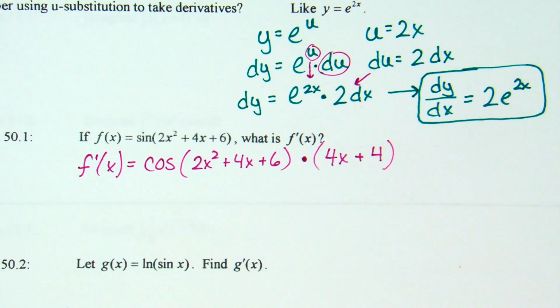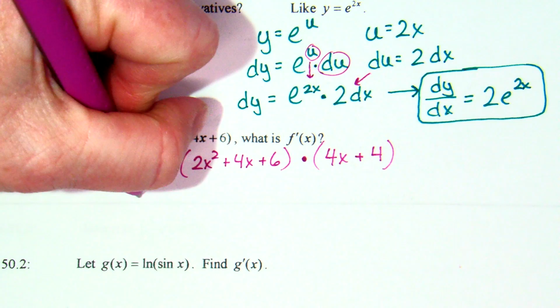Okay. In terms of cleanup on this one, not really a cleanup, is there? Okay. You could possibly write your answer like this, or to be honest, what I would suggest is taking the 4x plus 4 and putting it out front.